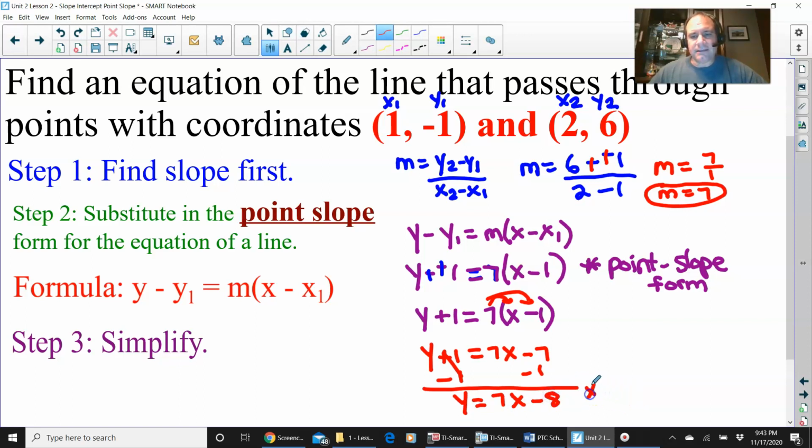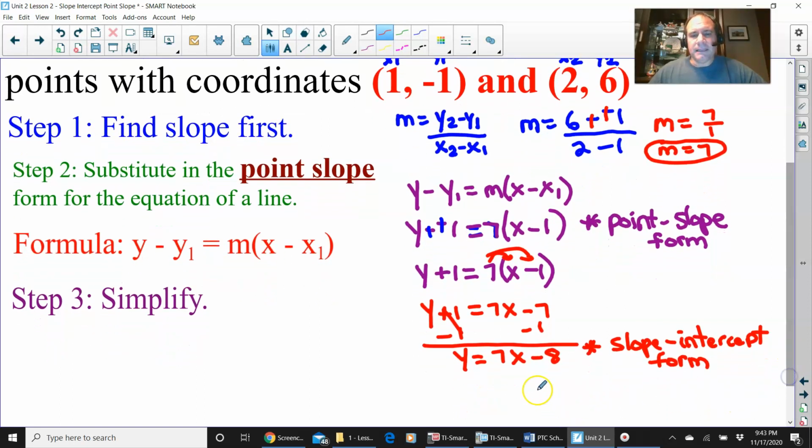And that is slope intercept form. It has the slope in it, and it has the y-intercept. That's why it's called slope intercept form.